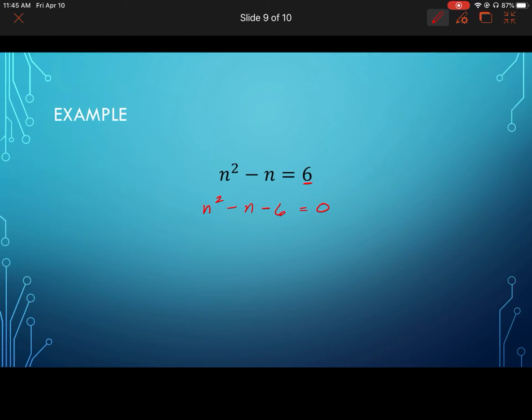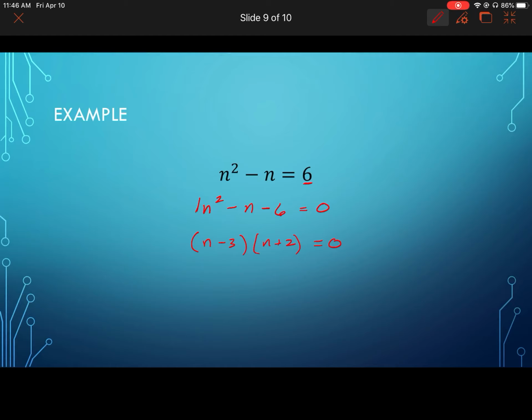I have my trinomial in standard form on the left, nothing but a 0 on the right. Okay, I have a lead coefficient of 1, right? So I don't need to do the long drawn-out process. I can just look for the factors of -6 that add up to -1. This is going to be identical to that first example. So n, make sure you're using the right letters here, guys. n minus 3 times n plus 2.